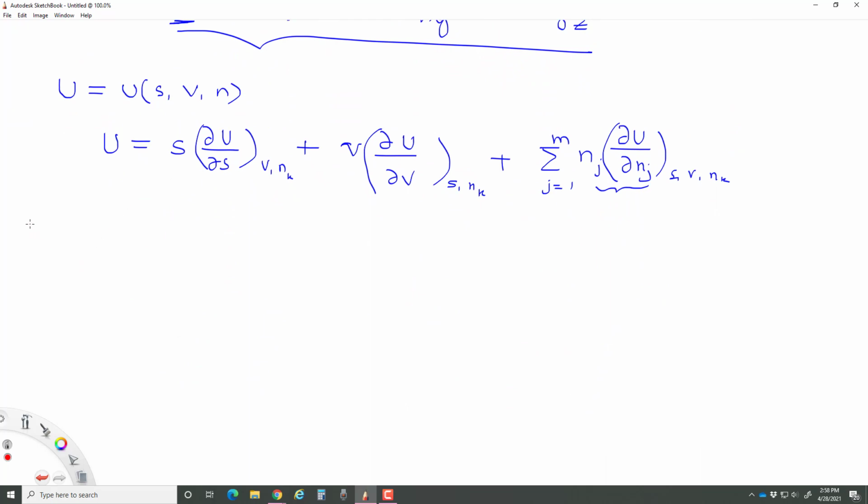I'm just rewriting this from the comparison of the coefficients.